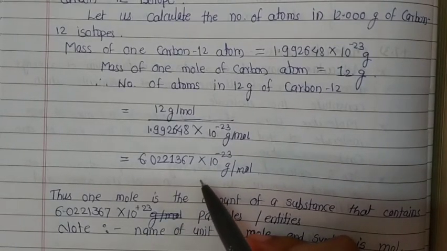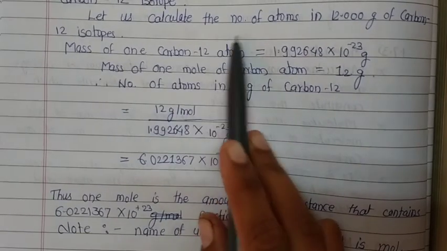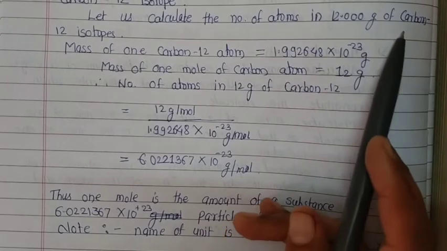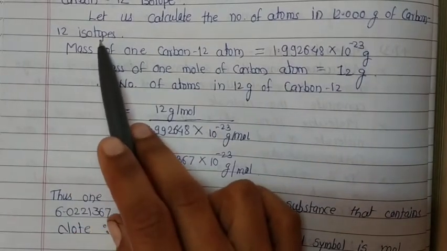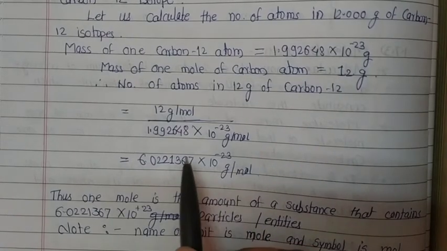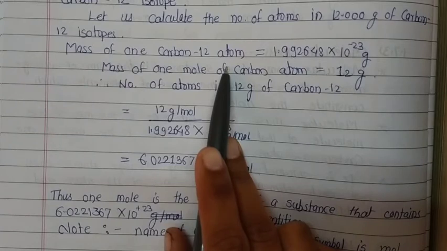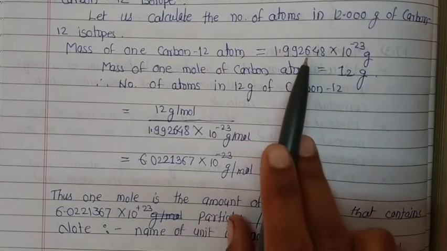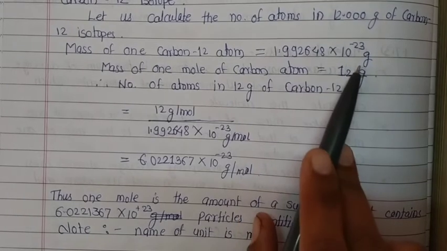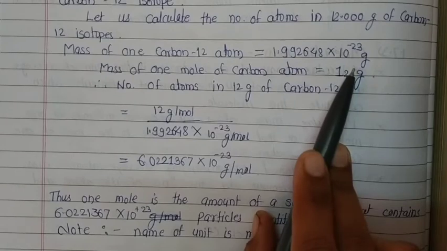Now the explanation for mole: let us calculate the number of atoms present in 12 gram of carbon-12 isotope. The mass of one C-12 carbon atom is equal to 1.992648 × 10^-23 gram.